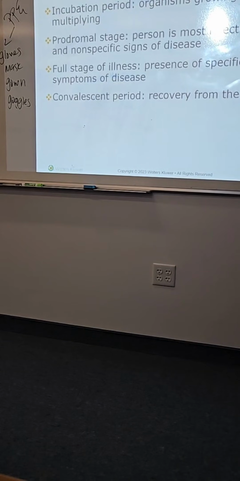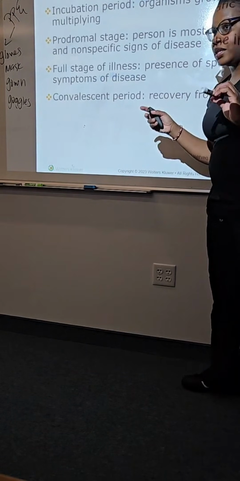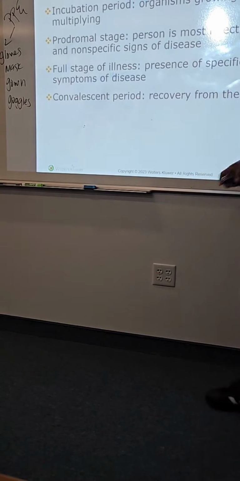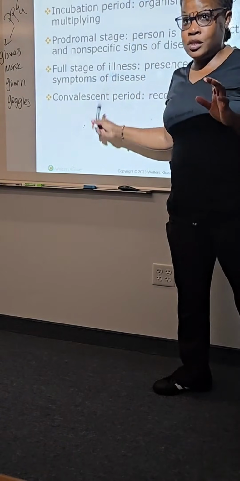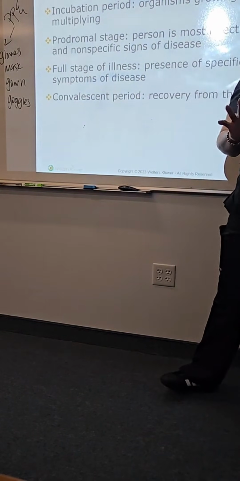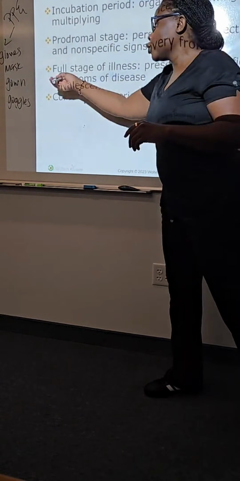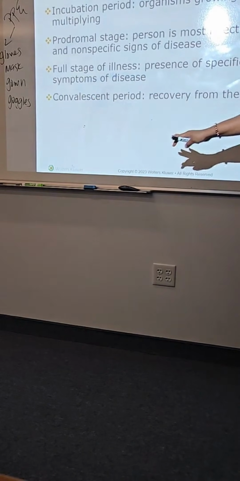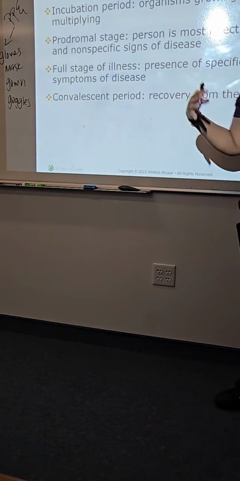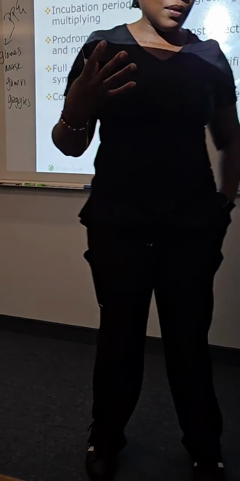And then you have the full stage. This is where they show specific signs and symptoms of the disease. Now, it says stages of infection, and this is where I want to make some clarification. After the full stage of illness, what's next is convalescence, which is recovery from the infection.